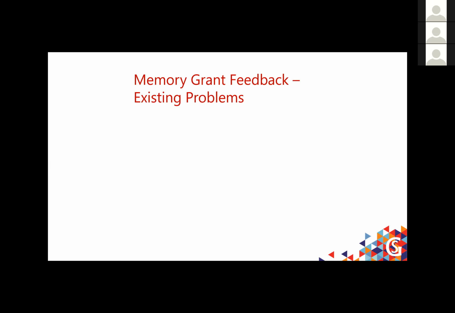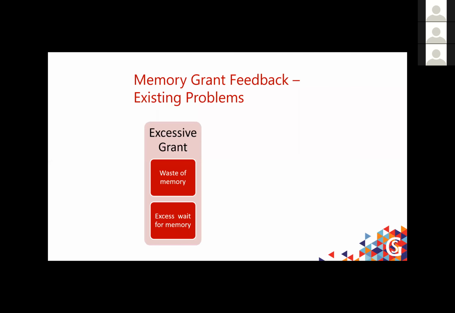There are scenarios where it underestimates, meaning it thinks that it needs only 10 MB of memory, and at runtime it notices lots of rows are being returned, and it ends up using 10 TB for the excess memory that was needed. Both scenarios are not so desirable because they can cause performance problems, right?